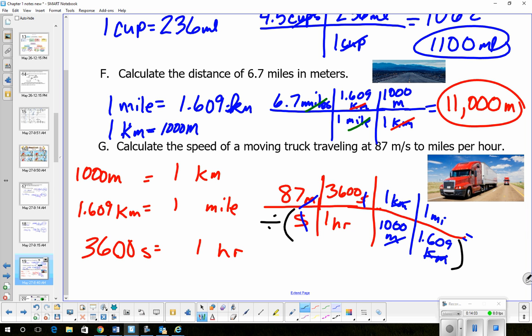So how are we doing? Got an answer? Is he speeding? Miles per hour? Is he speeding? What have we got for an answer?